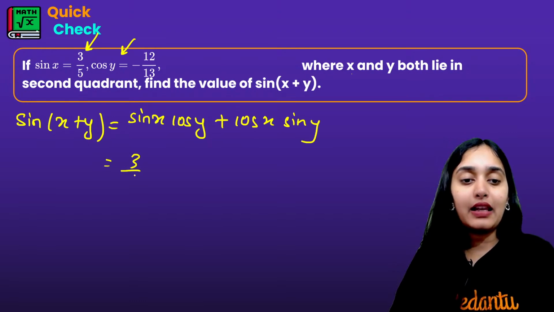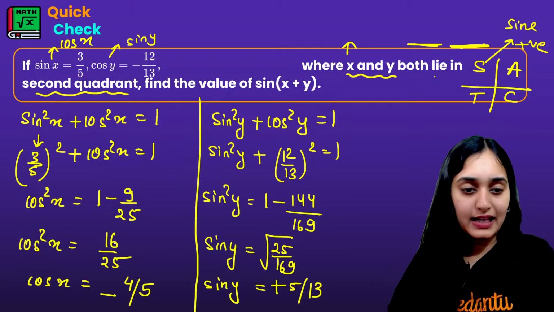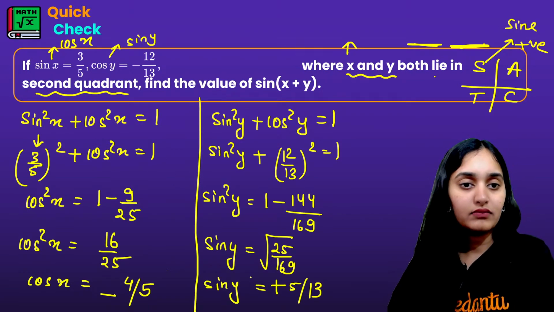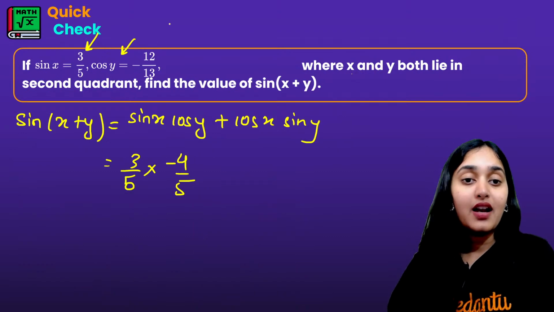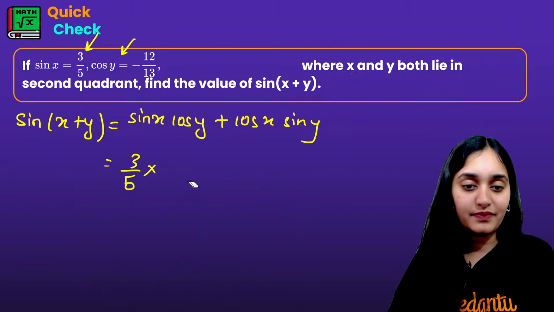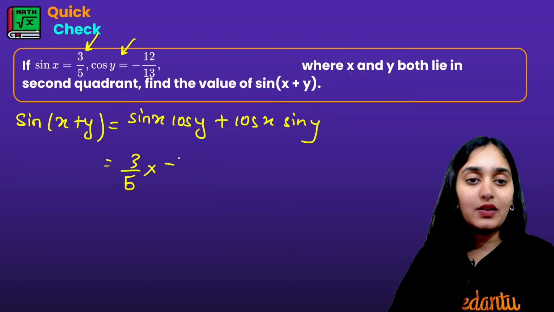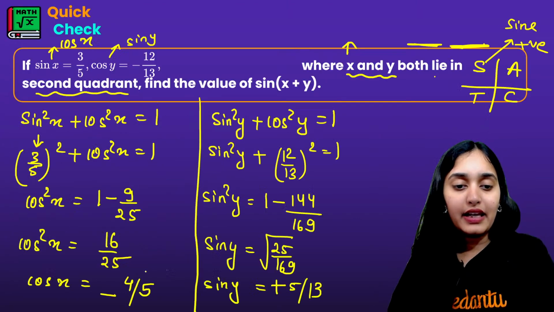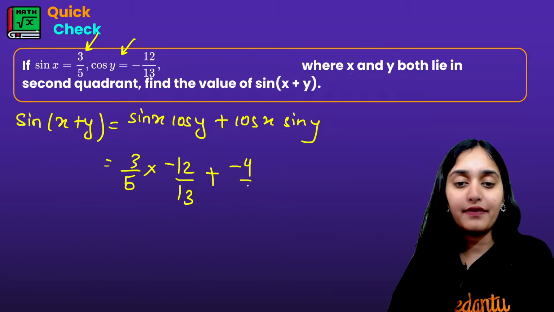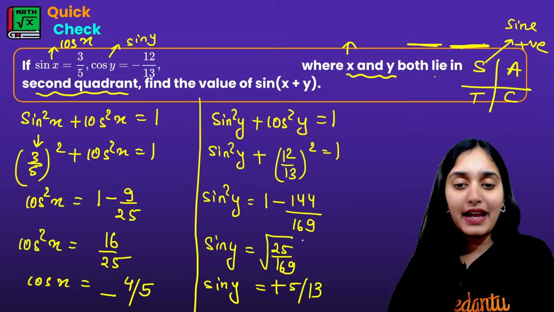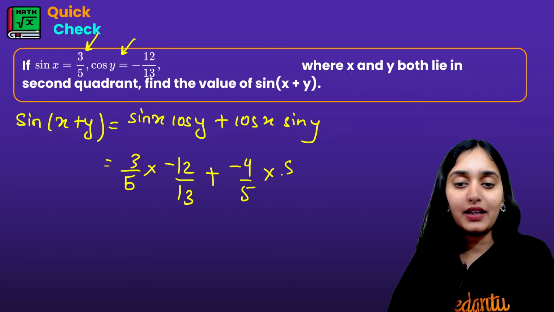Sin x is 3/5. Cos y is minus 12/13, which we calculated. Cos x is minus 4/5. Sin y, we calculated, is 5/13.